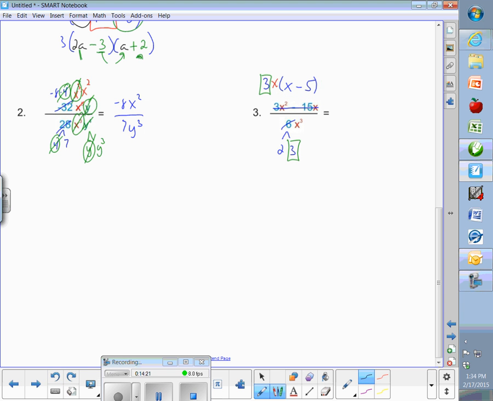So look, here's the same scenario, right? 3 plus 9 divided by 6. If you wanted to, you could factor out a 3 from this. Now you can divide out those 3's.